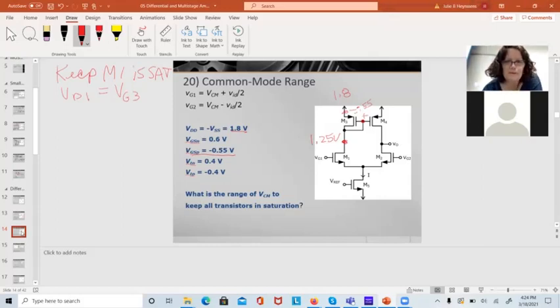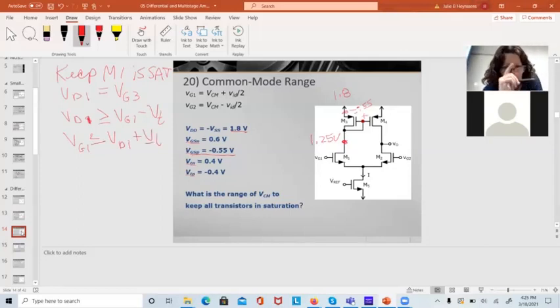In order to keep M1 in saturation, I need VD1 greater than or equal to VG1 minus VT. I can solve that for VG1: VG1 has to be less than or equal to VD1 plus VT.